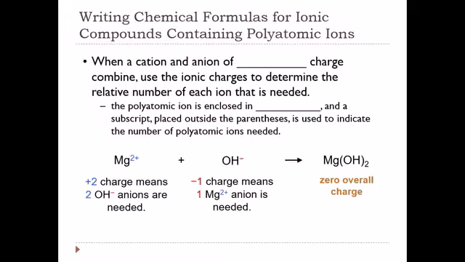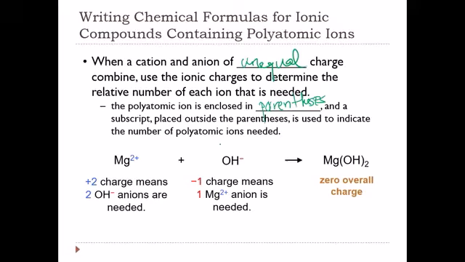So like we said, when a cation and anion of unequal charge combine, use the ionic charges to determine the relative number of each ion that is needed. The polyatomic ion is enclosed in parentheses, and a subscript placed outside the parentheses is used to indicate the number of polyatomic ions needed. So let's look at what happens when magnesium cation and hydroxide polyatomic anion form a compound.